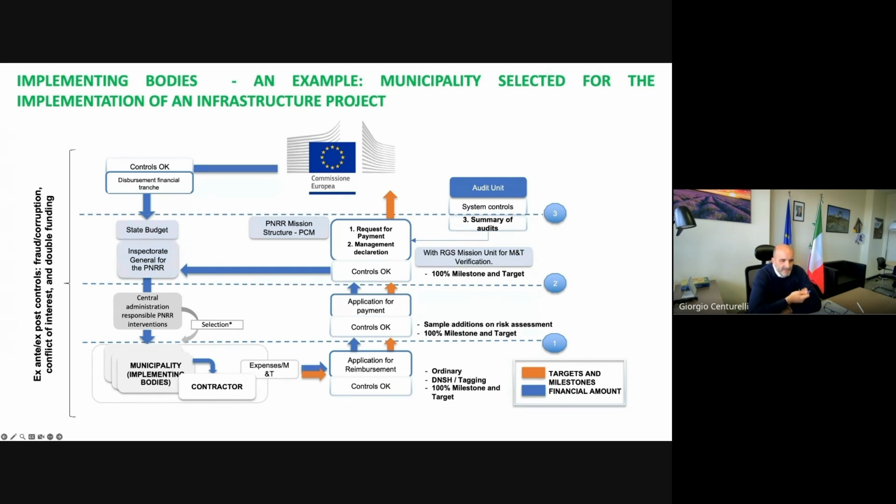And after this is verified, they send the application of the reimbursement of the target to the MEF.